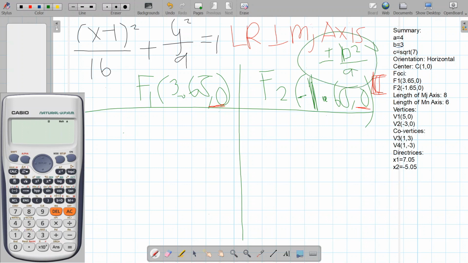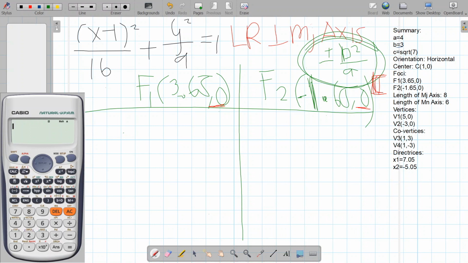You need to remember this to get the endpoints of the latus recta: plus or minus b squared over a. If you look at your notes, you will see it's b squared over a. Hence, we're going to add b squared over a to 0.